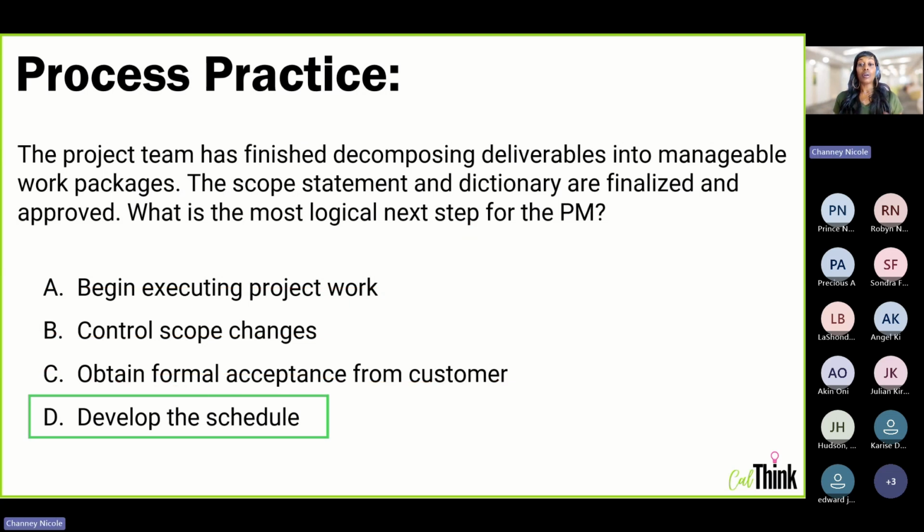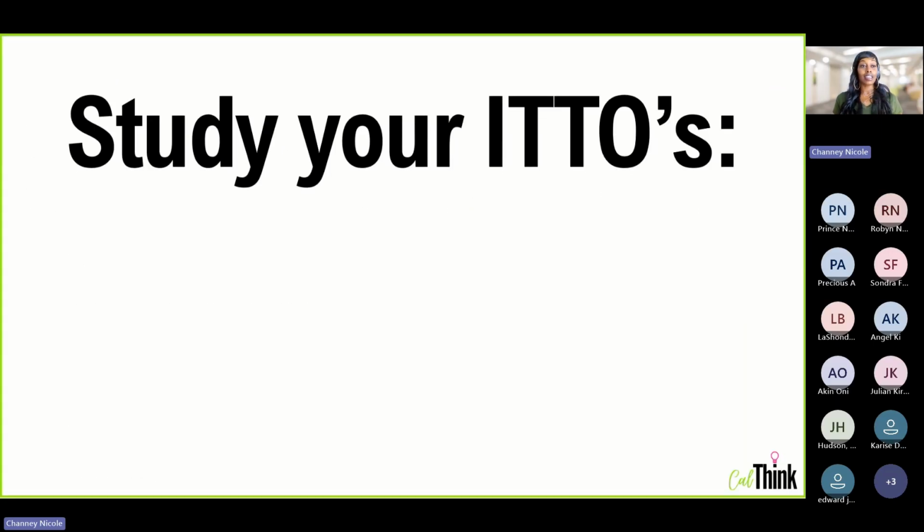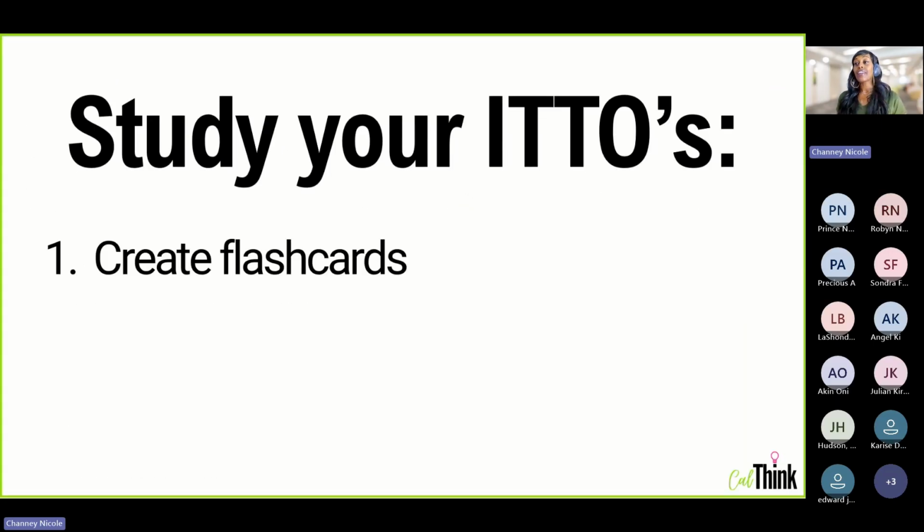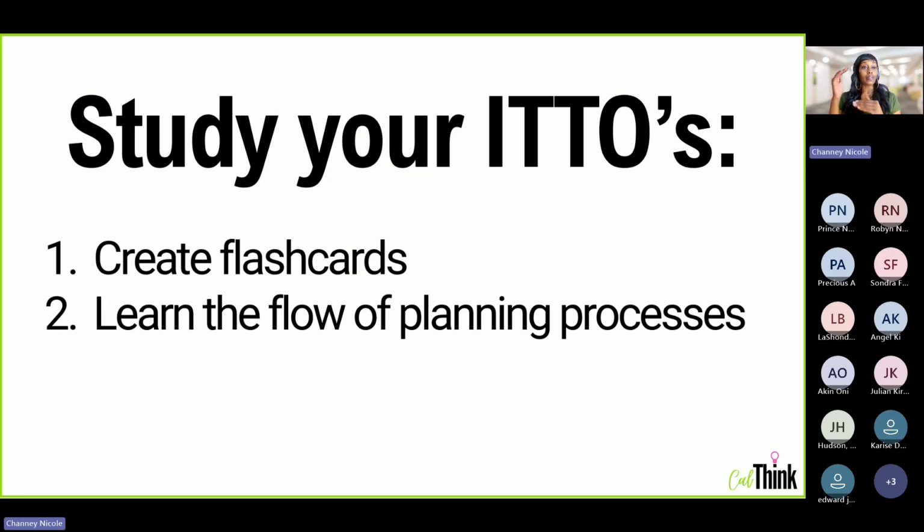Okay. So in conclusion, study your ITTOs, create flashcards, especially for the tools and techniques, but also create flashcards for the major outputs that are connected to each process on the grid. Learn the flow of each bucket of planning processes. Learn the flow of how scope goes from collect requirements to the WBS.